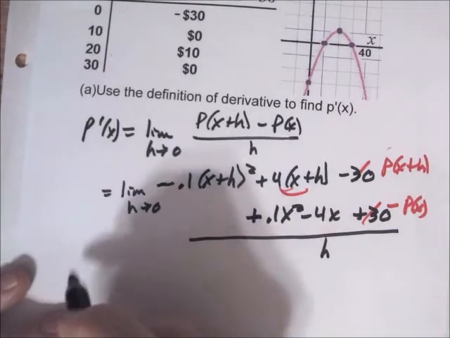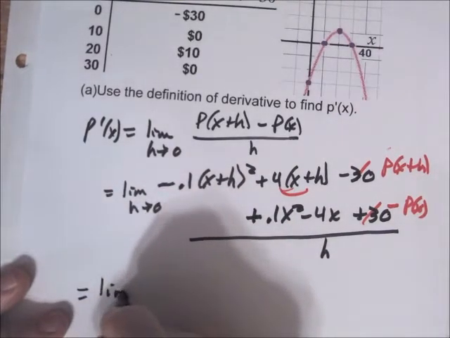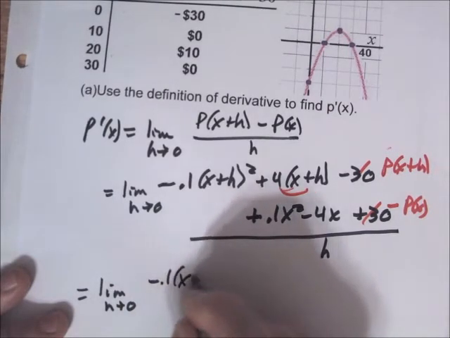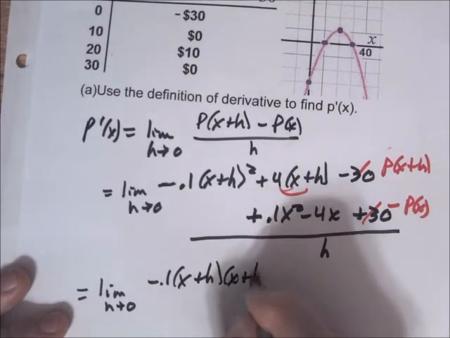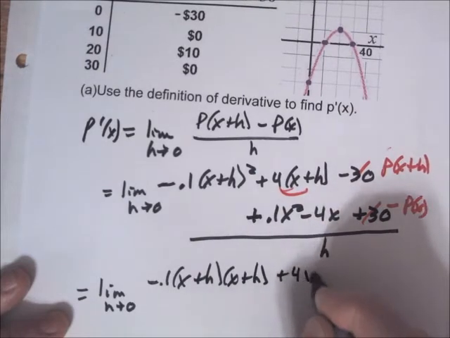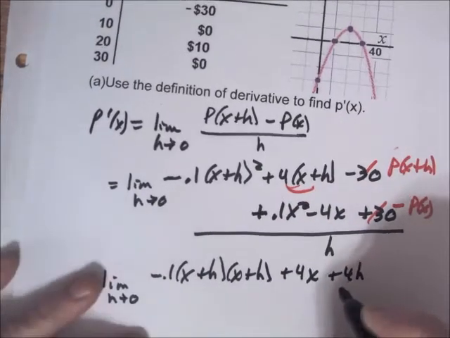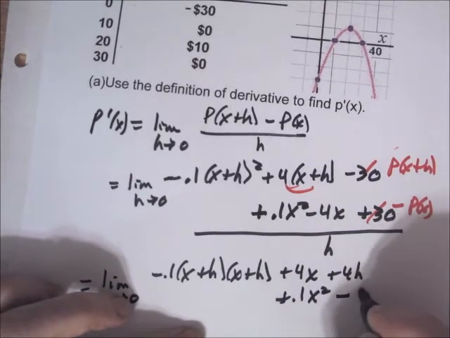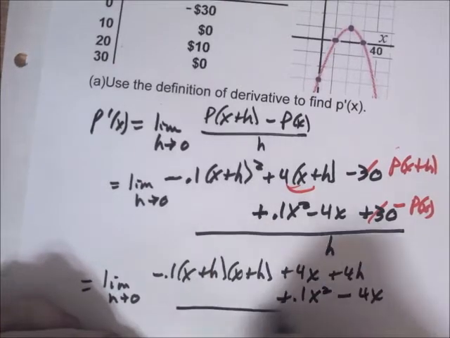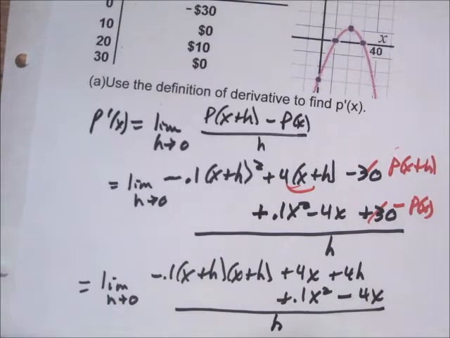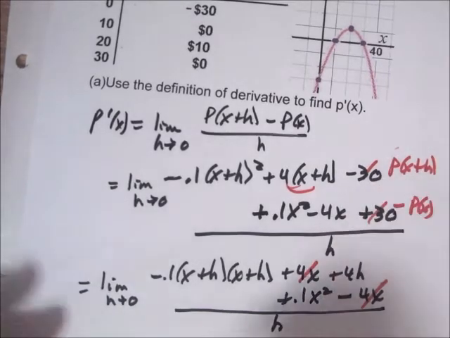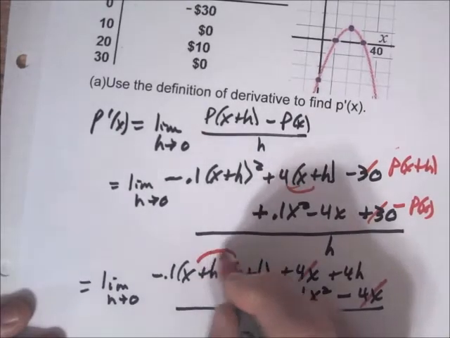So this will equal the limit as h goes to 0 of minus 0.1 times the quantity x plus h squared, plus 4x plus 4h, plus 0.1 x squared minus 4x, all over h. I'd like to put them on one line, but I was running out of room. So minus 4x and 4x will cancel, and we can distribute the x and the h here.